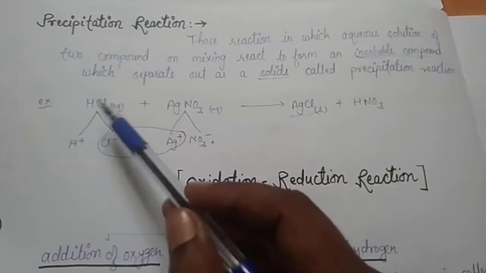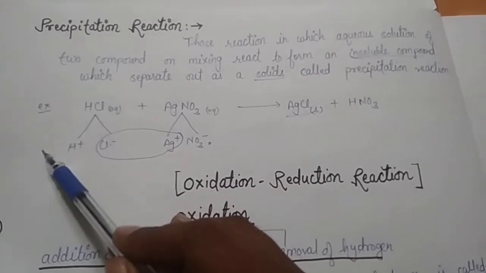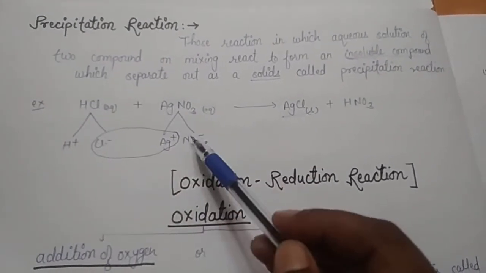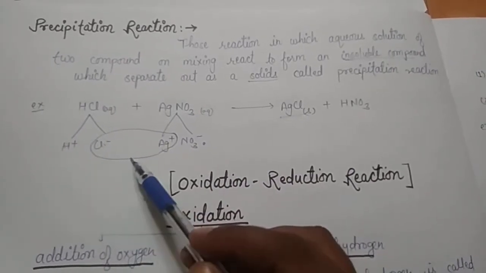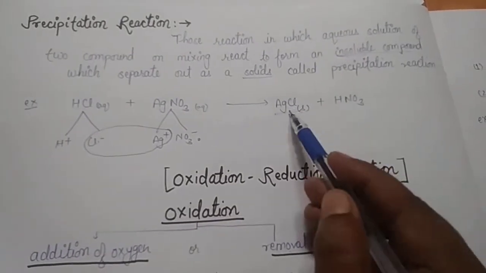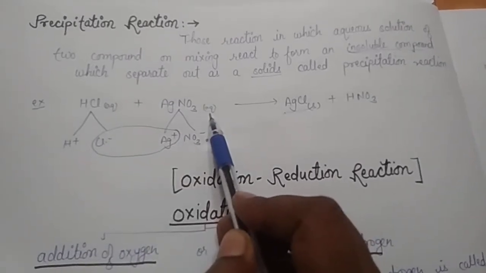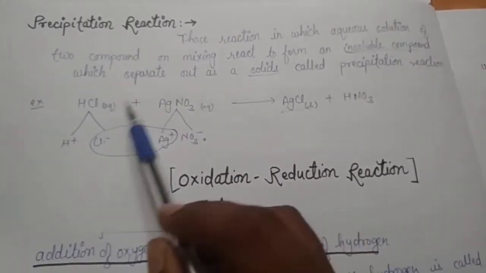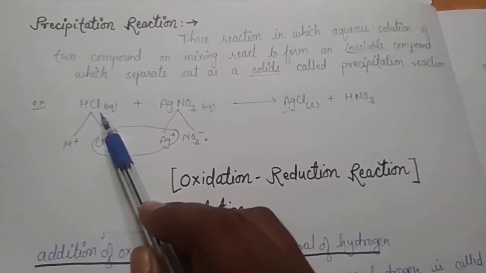For example, HCl, H plus, Cl minus, written in their ionic form, and Ag plus, NO3 minus. So positive charge, I have told you, attracts negative charge, and forms AgCl plus HNO3, and this is an aqueous solution. Children, the word aqueous means those solutions which are made in water. When HCl is dissolved in water, that will be an aqueous solution.